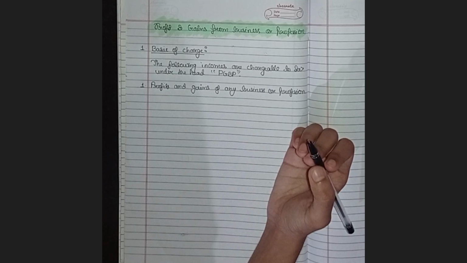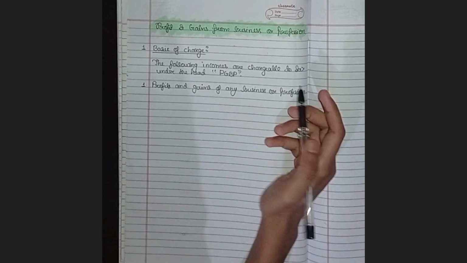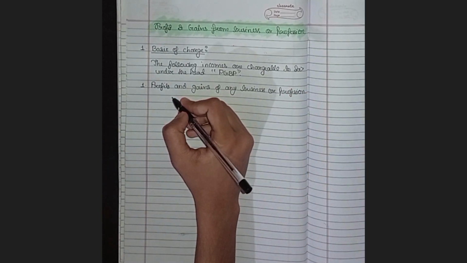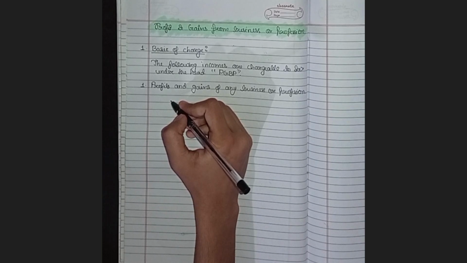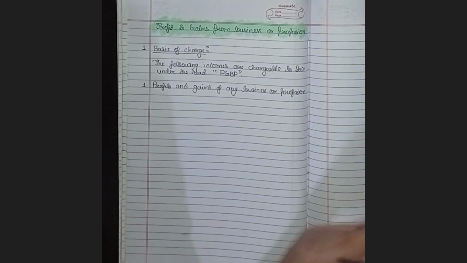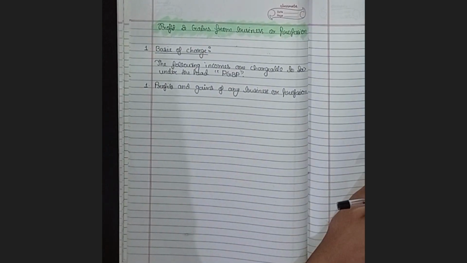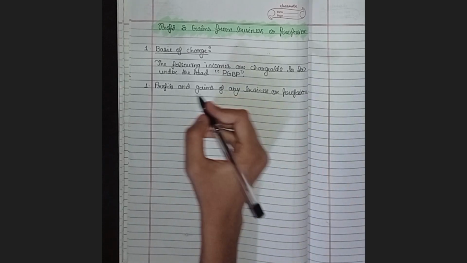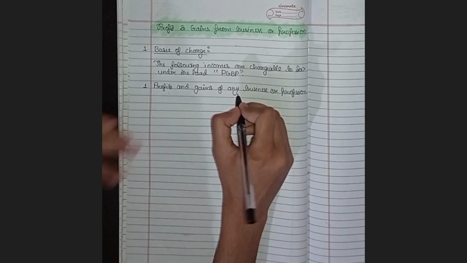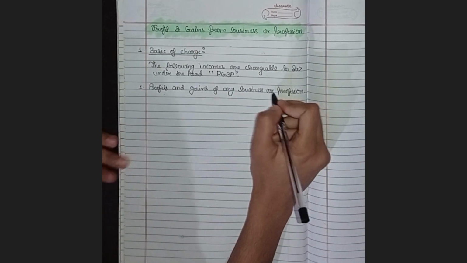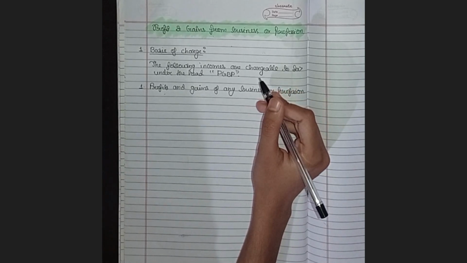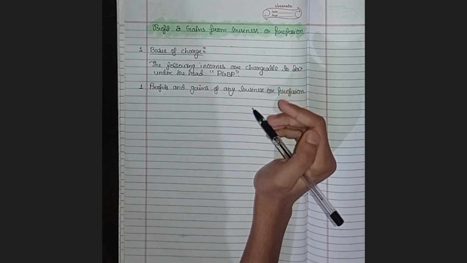So this is obvious that I would be gaining profits. Any profits and gains from that business and profession would be chargeable in which head?